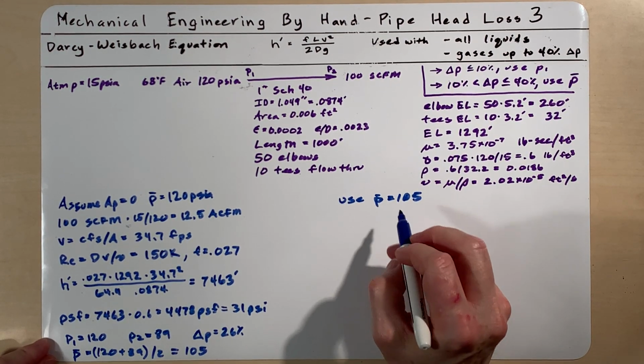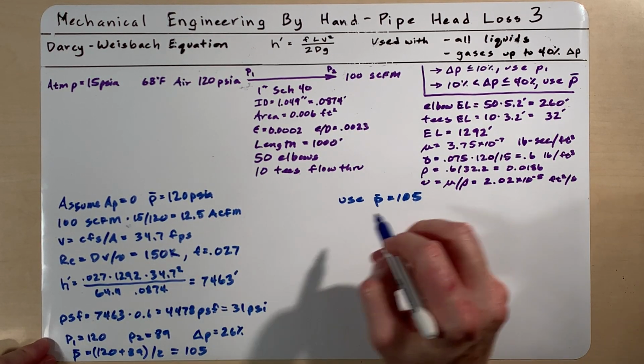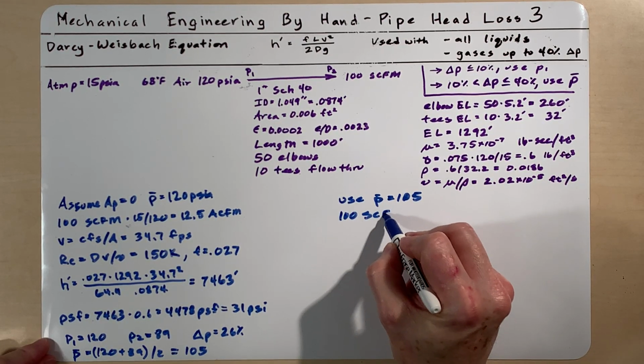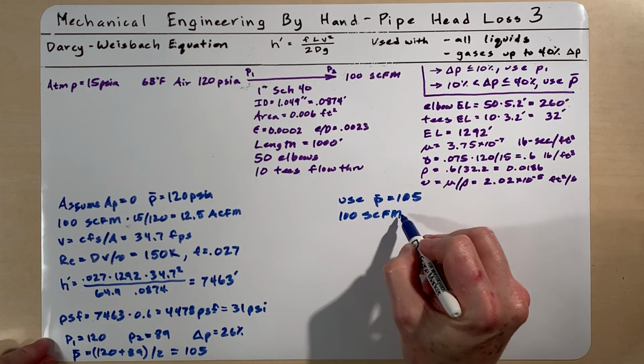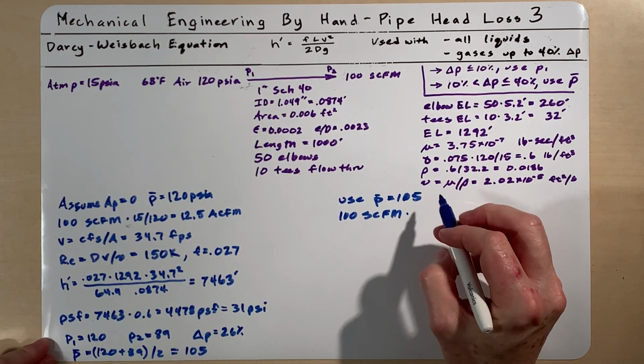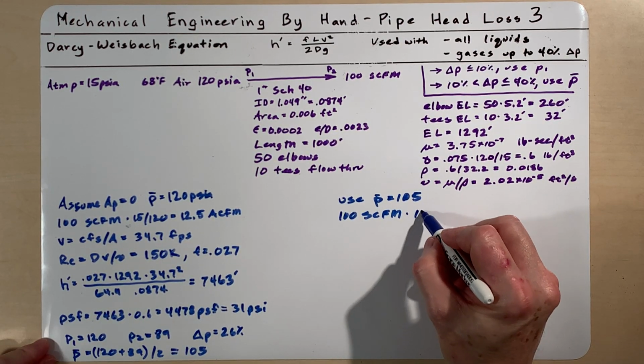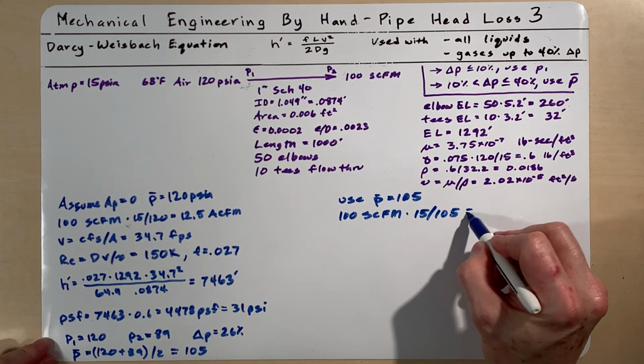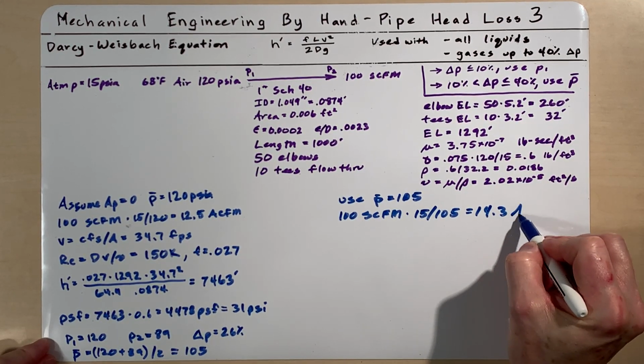And we need to find the ACFM again: 100 SCFM times 15 over 105 this time is 14.3 ACFM.